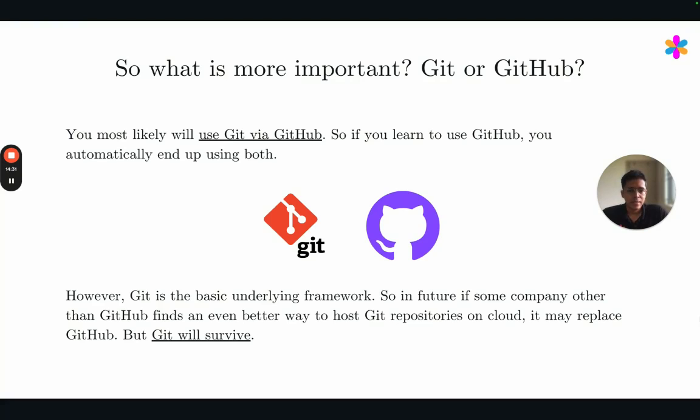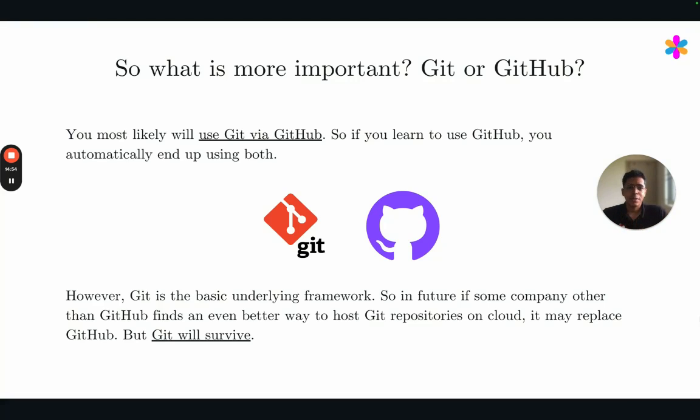I strongly think that it will survive for a very, very long time. But that being said, for implementing the Git framework, you just need to learn whatever is the online hosting service of that time. In the present times, GitHub is the best online hosting service for Git repositories. So just learn GitHub. If you learn GitHub, you will automatically be using Git.